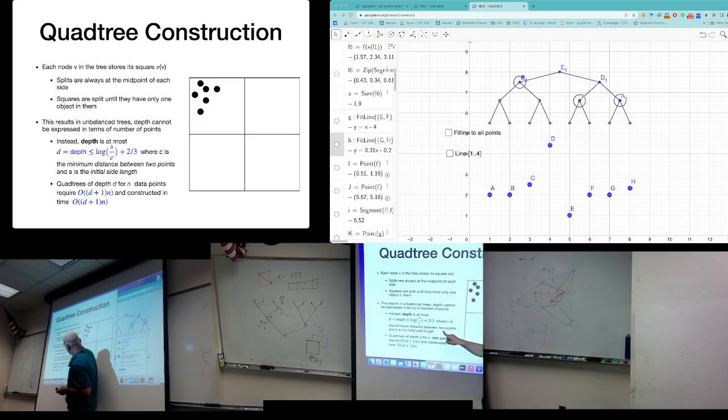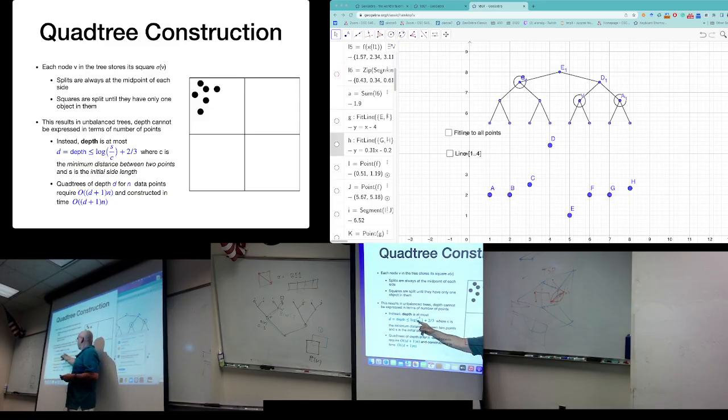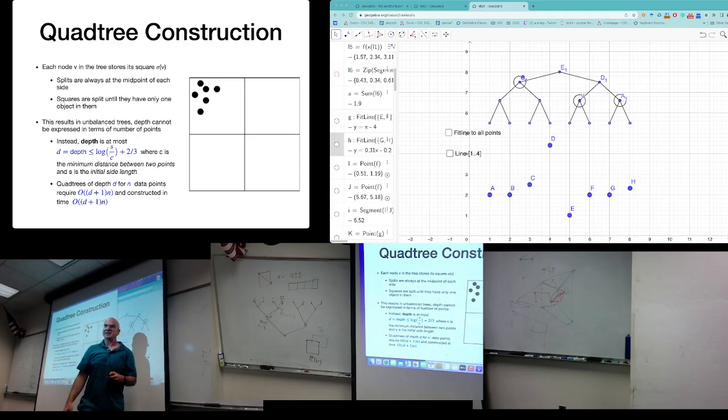Oh, I think that I missed the text here. C is the minimum distance between any 2 points. Check the distance between these two, check the distance between these two, the distance between these two. That's C. S is the size of this whole thing. How much do you need to split? Log to the base 2 of this ratio, S over C.